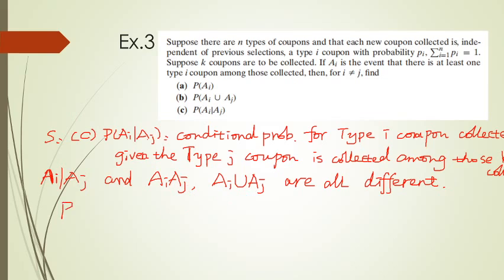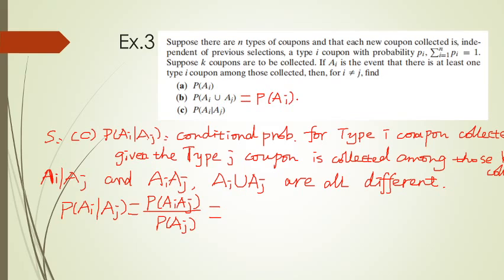Now, according to the definition of conditional probability, we can write this is the probability of AI and AJ over the probability of AJ, right? And according to part B, we have already figured out the answers. And according to the addition rule, we know the union probability is the probability of AI plus the probability of AJ minus the probability for the intersection, right?